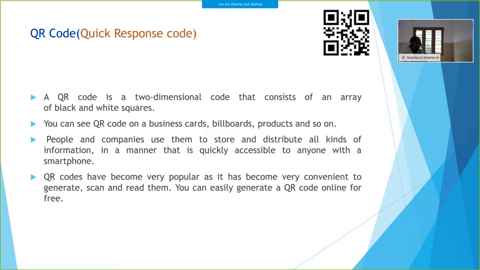People and companies use them to store and distribute all kinds of information in a manner that is quickly accessible to anyone with a smartphone. QR codes have become very popular as it has become very convenient to generate, scan and read them. You can easily generate a QR code online for free of cost. Is it clear?